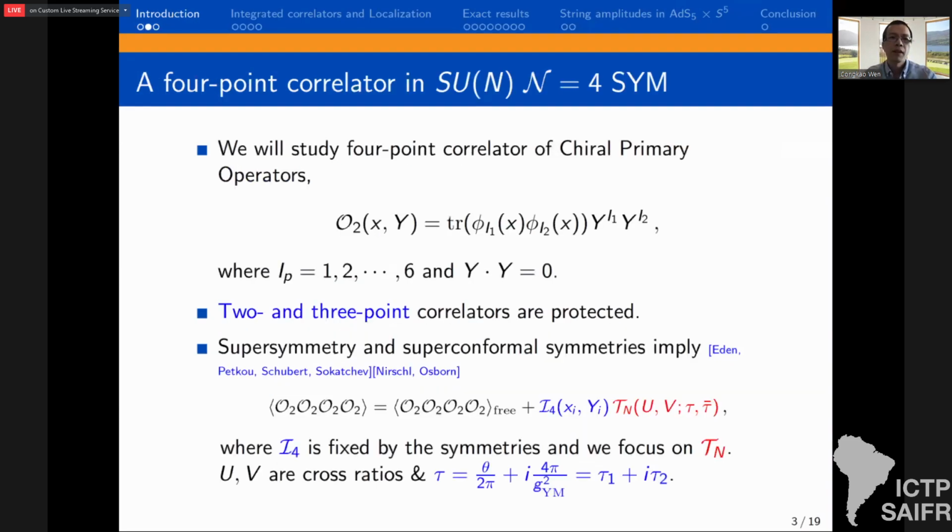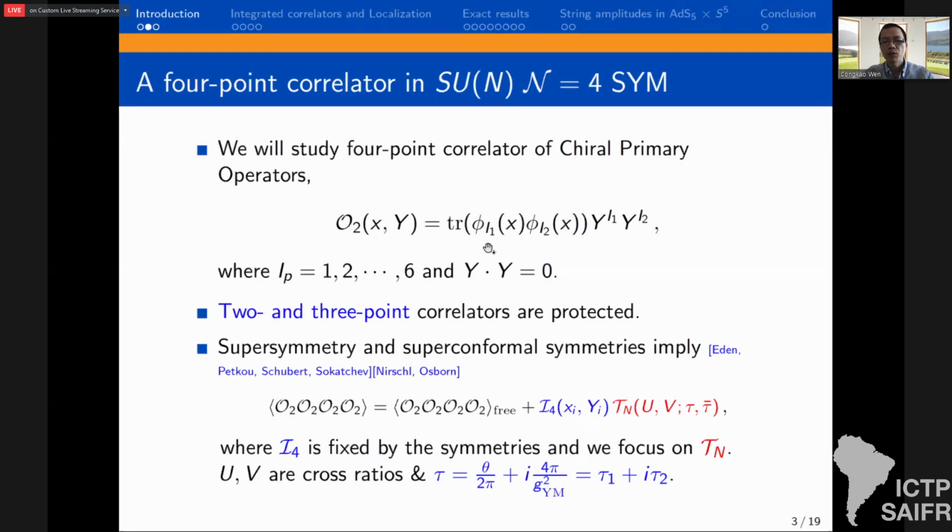So the object we will study in this talk is a 4-point correlation function in N=4 super Yang-Mills with SU(N) gauge group. This is a correlation function of 4 superconformal primary operators, I call O2 here. Sometimes it's also called the O20 prime. This is the bilinear of the 2 scalars of the theory.